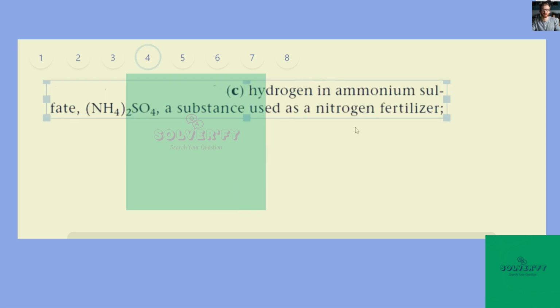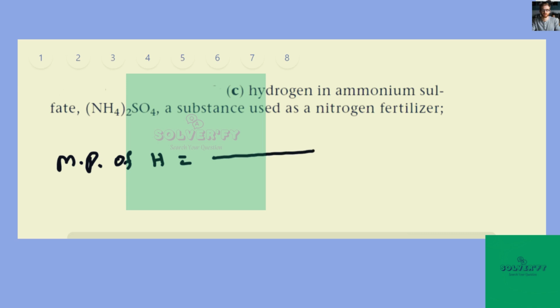Now I have to find the mass percentage of hydrogen in ammonium sulfate. So again, mass percentage of hydrogen. How many hydrogen do we have here? We have 4 times 2, 8 hydrogen. We times it by the hydrogen's atomic weight, which is 1.008 atomic mass unit.